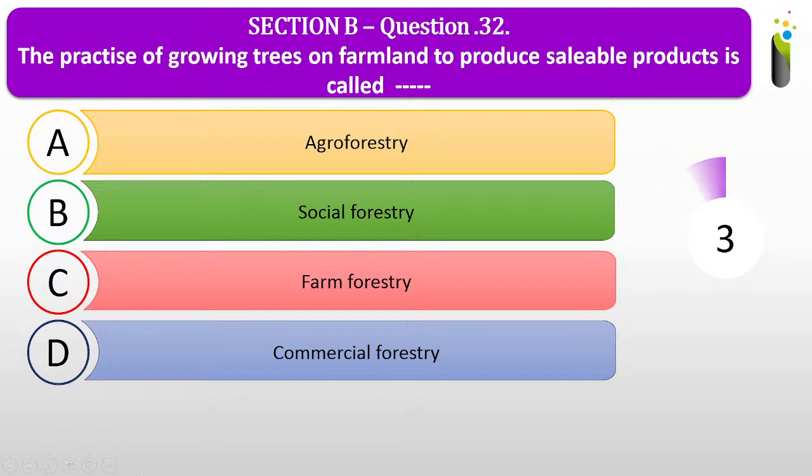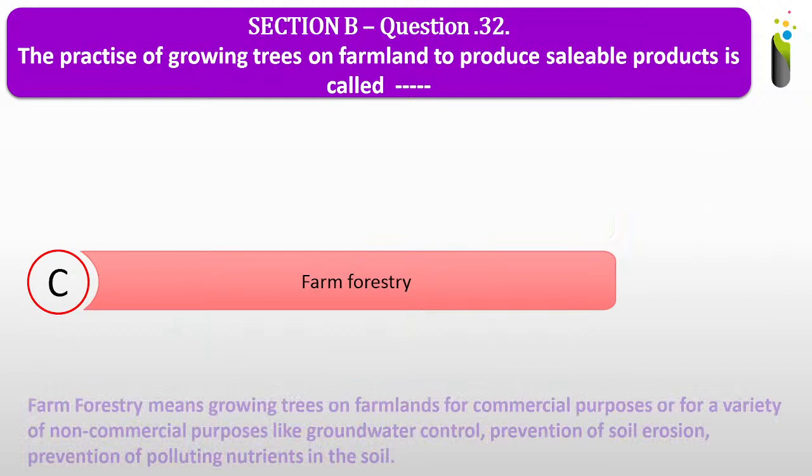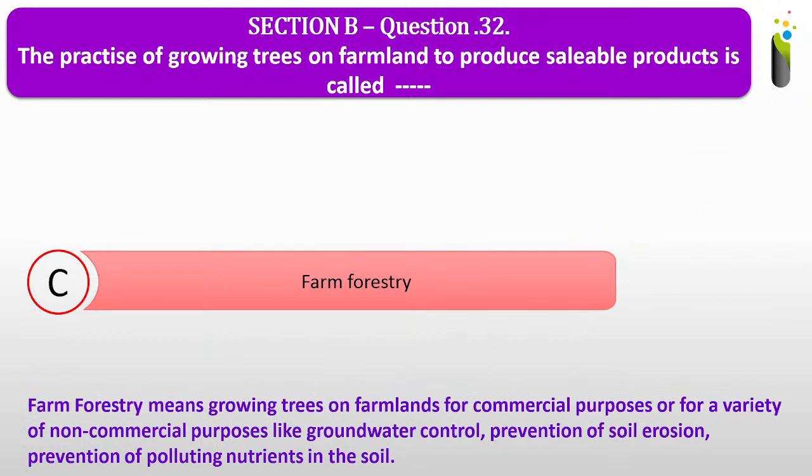The practice of growing trees on farmland to produce saleable products is called as farm forestry. Friends, remember that farm forestry means growing trees on farmlands for commercial purposes or for a variety of non-commercial purposes like groundwater control, prevention of soil erosion, prevention of polluting nutrients in the soil.